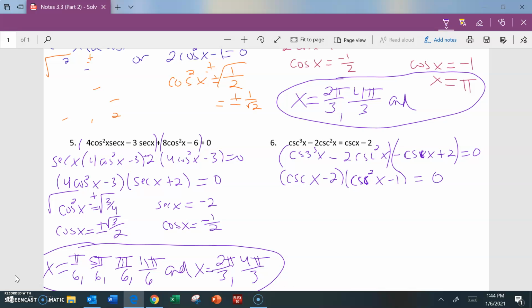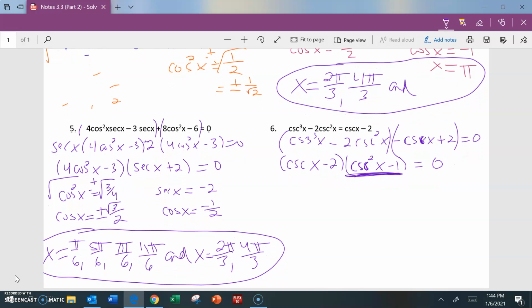Now, you're not done factoring, believe it or not, because this factor right here is a difference of squares. If you didn't catch that, be careful.